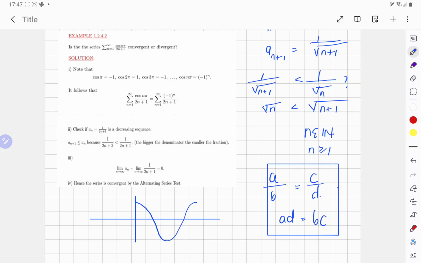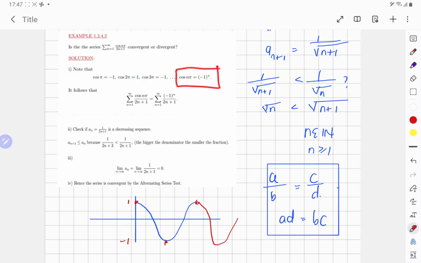If we do the cos graph, we will alternate between positive 1, negative 1, positive 1, and it continues like that. So it alternates. Please remember from now on: if n is 1, cos(pi) is negative 1; n is 2, cos(2 pi) is 1; n is 3, negative 1, and so on.